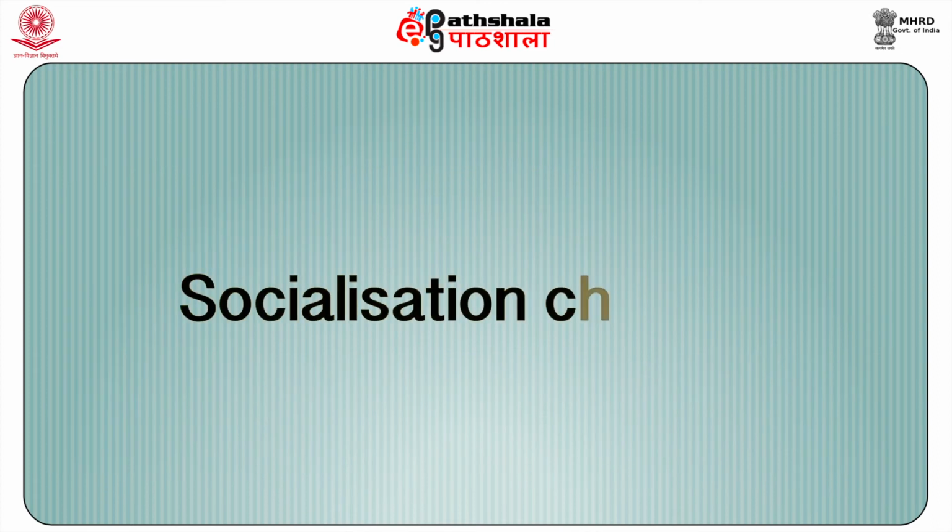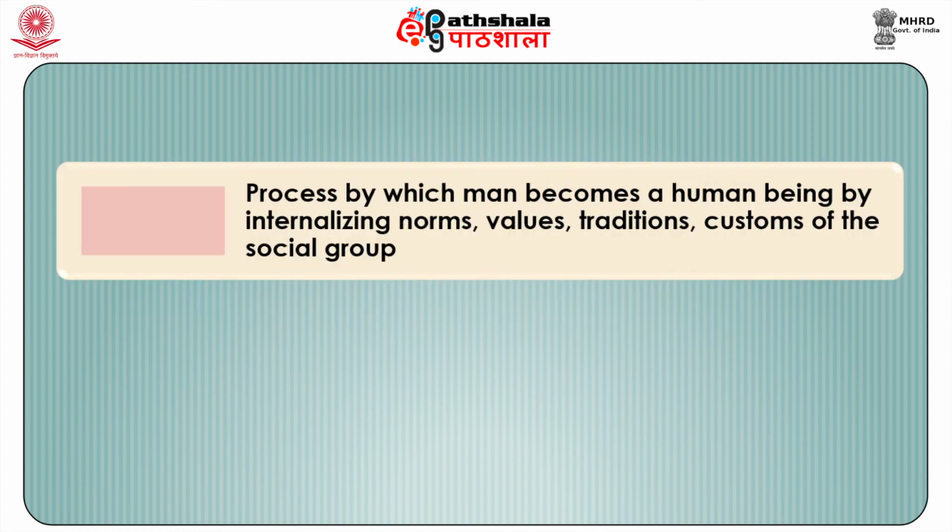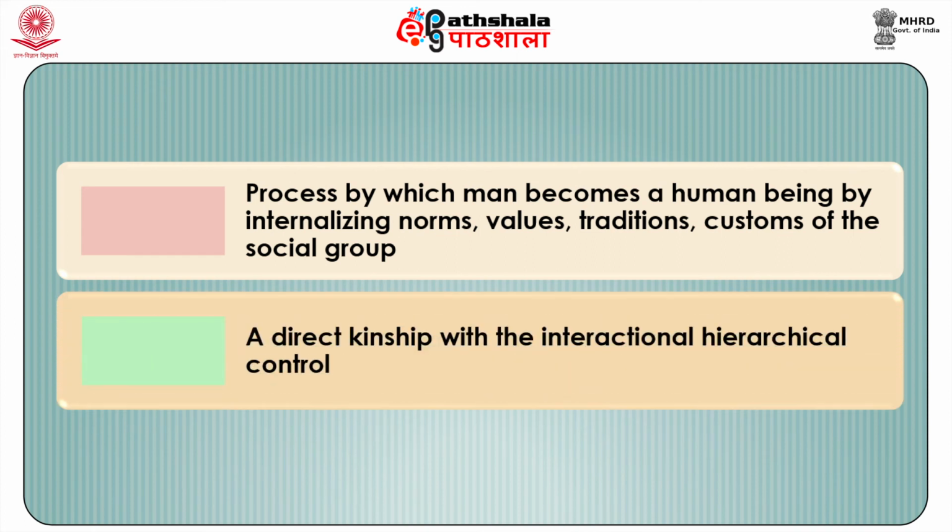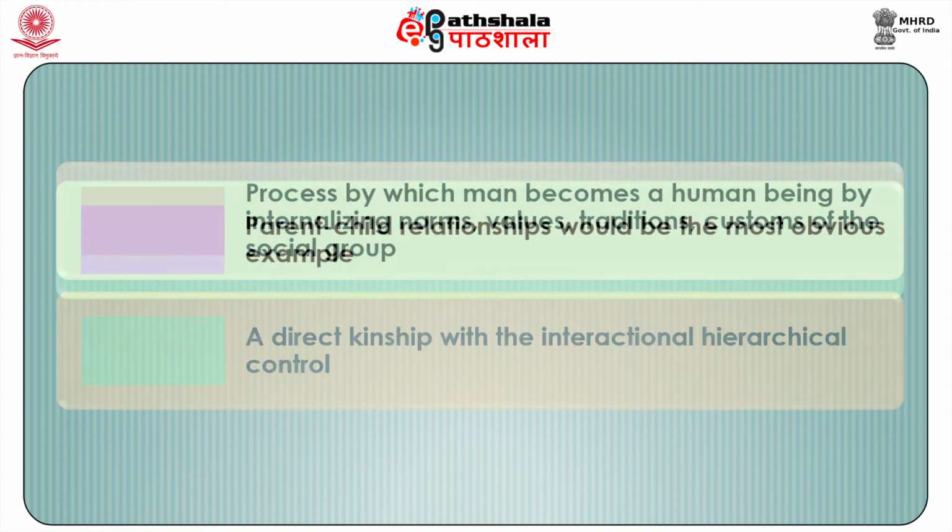We next examine socialization change. Socialization, according to Clausen, is the process by which man becomes a human being by internalizing norms, values, traditions, customs of the social group of which an individual is a part. Socialization change has a direct kinship with the interactional hierarchical control.